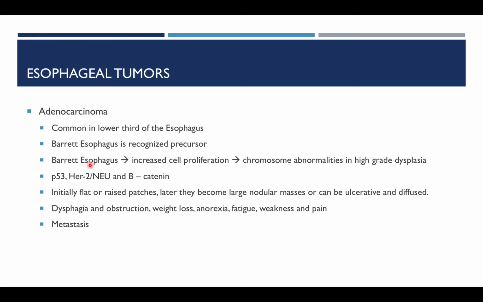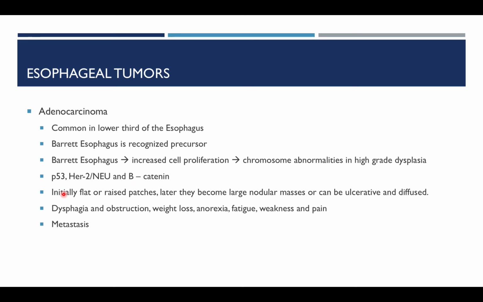So Barrett's esophagus causes an increased amount of cell proliferation, which causes an increased risk for chromosomal abnormalities and high-grade dysplasia. Other than Barrett's esophagus, there's also genetic predisposition with people with mutation of P53, beta-catenin, and HER2/neu.